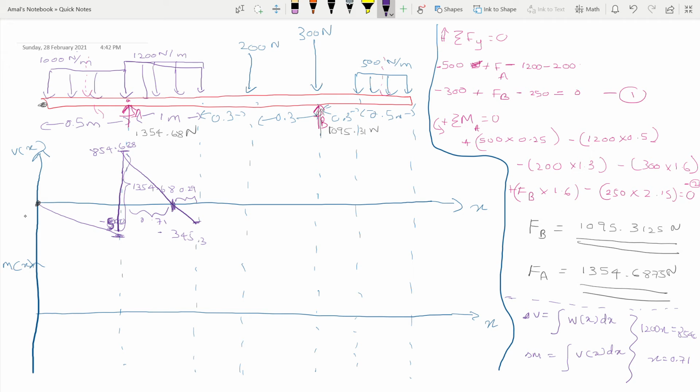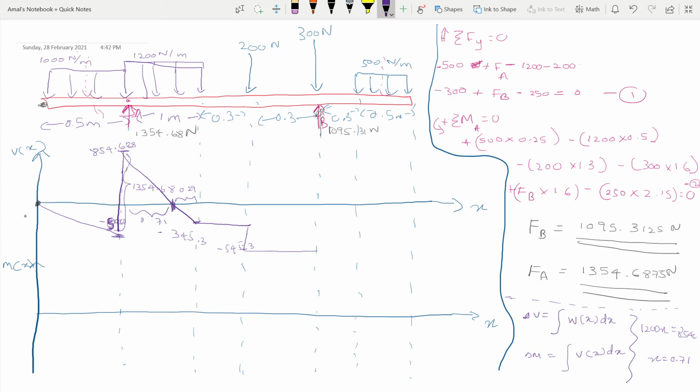Alright, now we don't have any distributed load after this one, so it's going to stay constant at negative 345.3. And here we have a downward force of 200, so this is going to go down again for 200, so it's going to end up becoming negative 545.3, and there's no force here, so it's going to be constant.